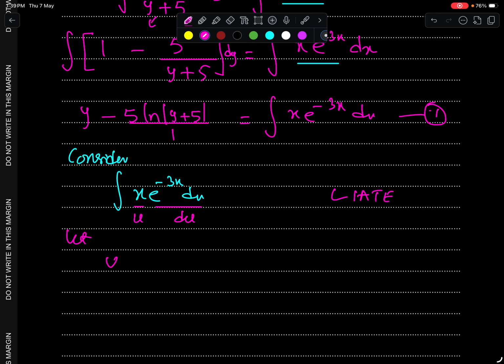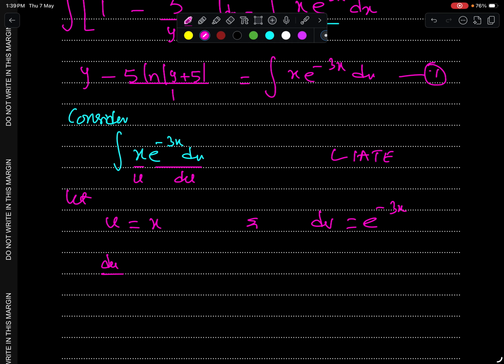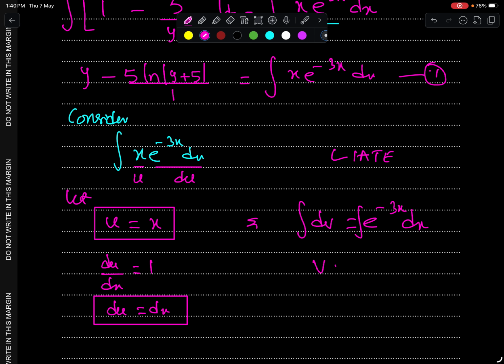So let u be x and dv be e^(-3x). So du upon dx is 1, so du is dx. Box u, box du, and integrate this. So v is, in exponential we copy the exponential and divide it by the differential of its power. So this is v.